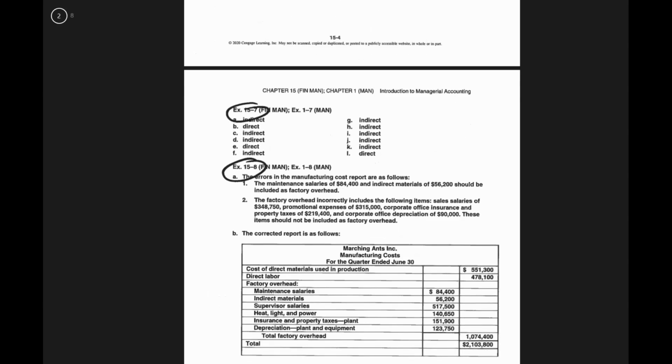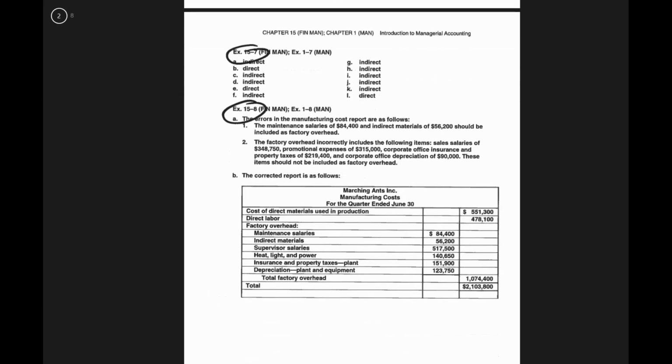Number 8, as I have it listed here in the solution, it says here, list the errors, or letter, even better, letter B, prepare a corrected report. So what they're trying to have you look at here is all these different lines, and are they appropriately in the right category, and particularly those that are in overhead.